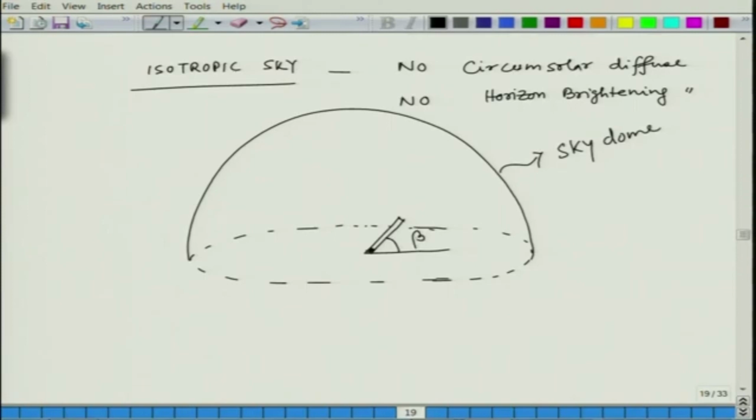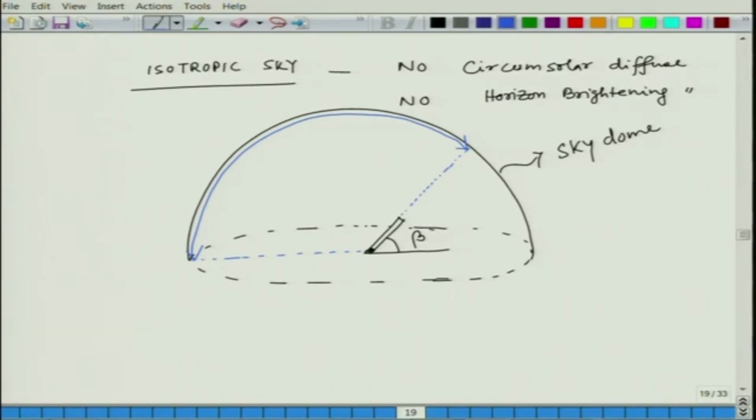You can see that the plane sees a portion of the sky dome, this portion of the sky dome the collector sees. Behind the collector, the portion is not visible to the collector.